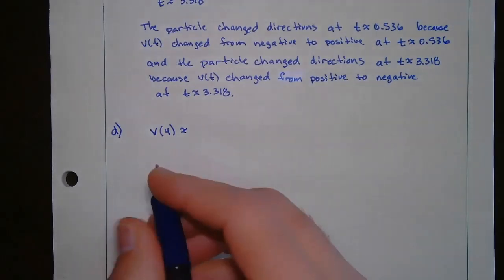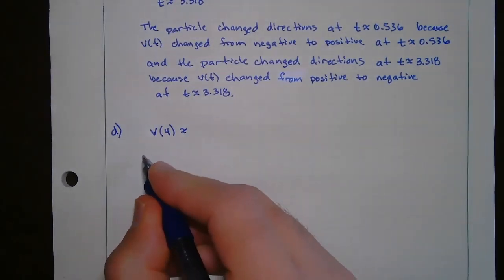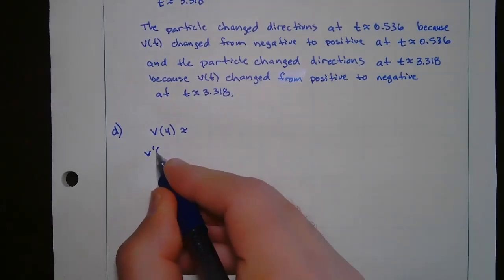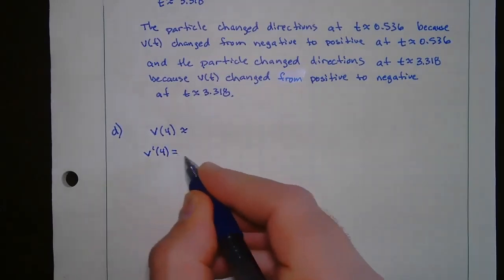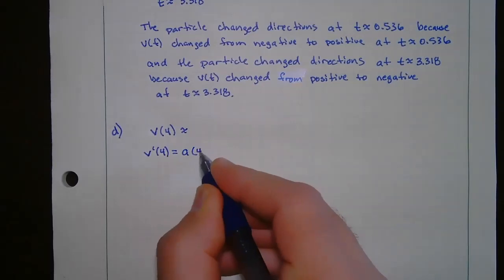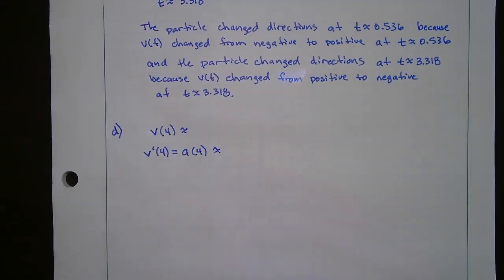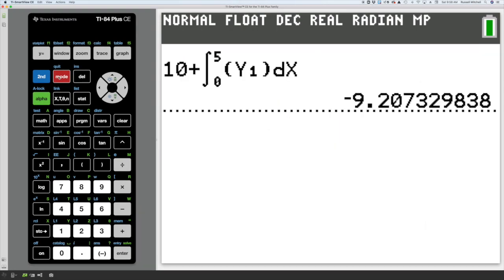We also need to find the derivative at 4, which is equivalent to the acceleration at 4. Once we figure out these two values, that's going to allow us to determine if the speed is increasing or decreasing. All right, so let's go to our calculator and put these in.